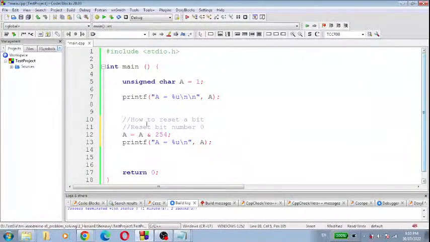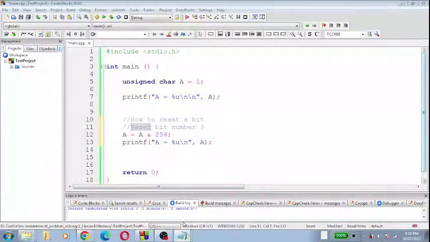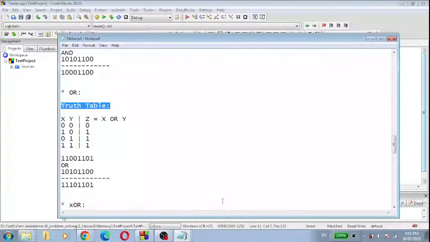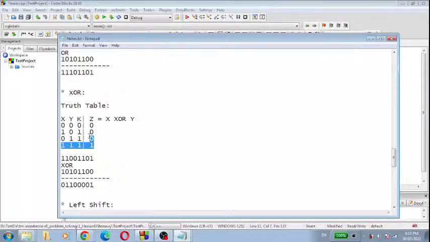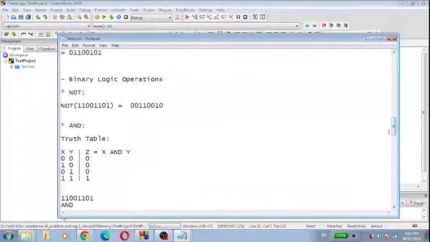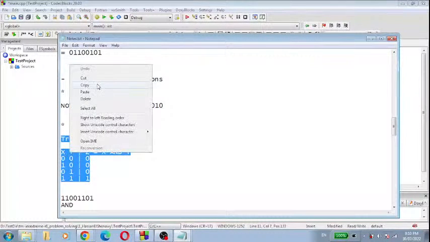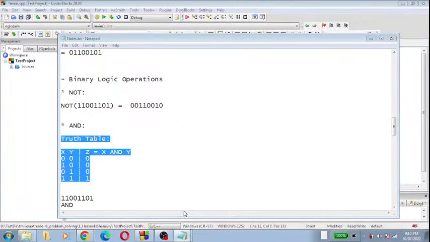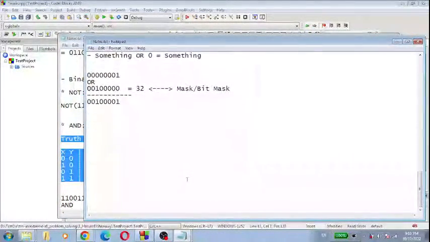Reset means here to put it with a new value which is 0 actually. Now I need to copy this truth table for the AND operation actually.